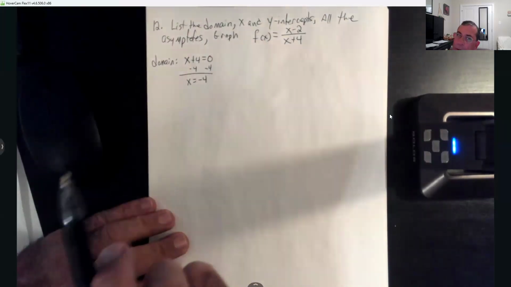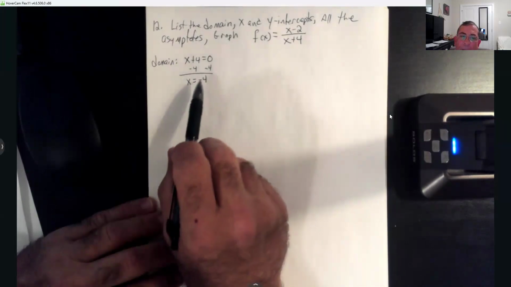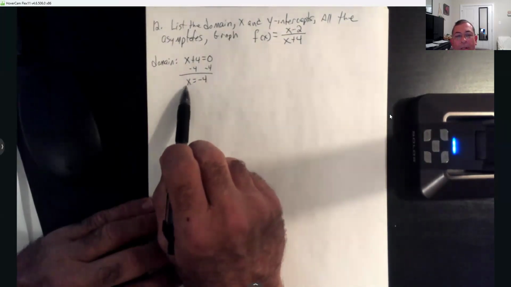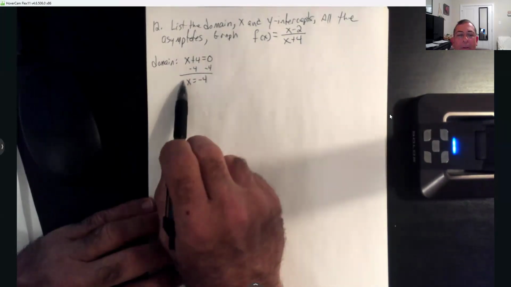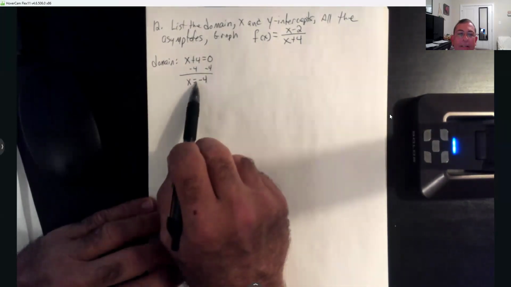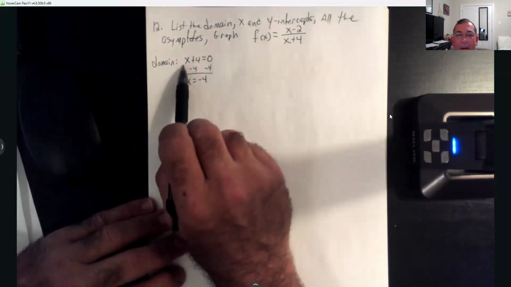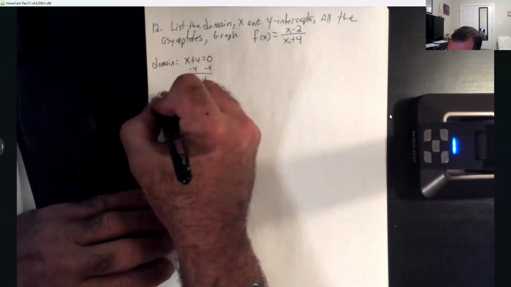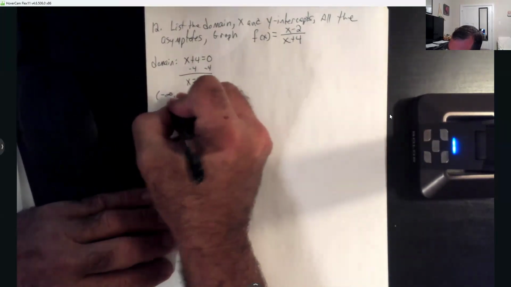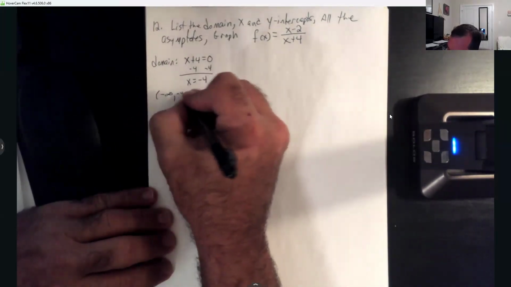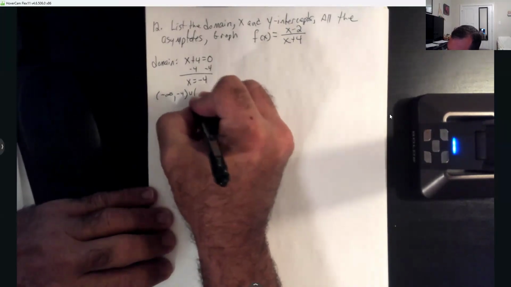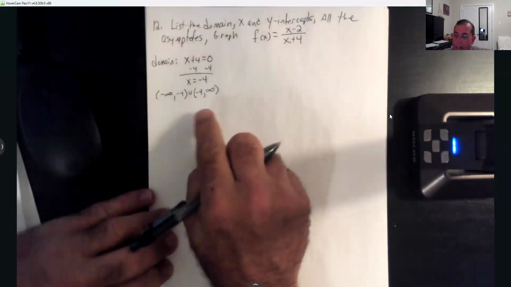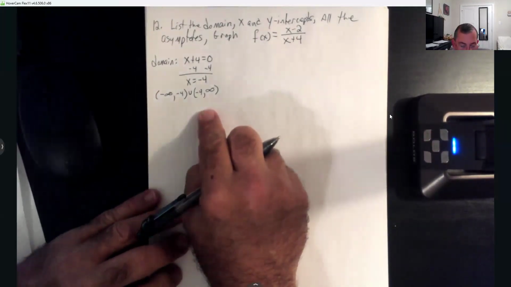And then solve that by subtracting 4. Now, I've done found 2 things on this. I can now write my domain and kick out this number. I also know this is my vertical asymptote, because we find vertical asymptotes the same way as we find our domain stuff, okay? So for the domain, I would go from negative infinity to that negative 4, union around that negative 4, and go to positive infinity, okay?